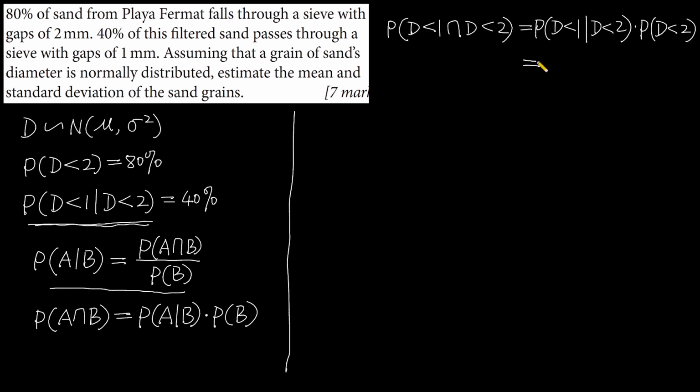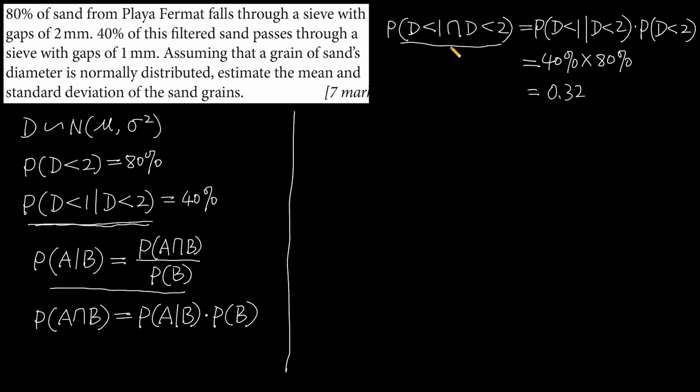Then we know the probability that D is smaller than 1 given D is smaller than 2 is 40%, and multiply the probability that D is smaller than 2, this is 80%. So this equals 0.32. And look at here. If D is smaller than 1, it must be smaller than 2.